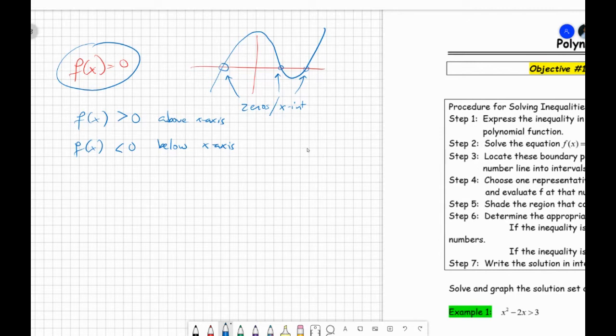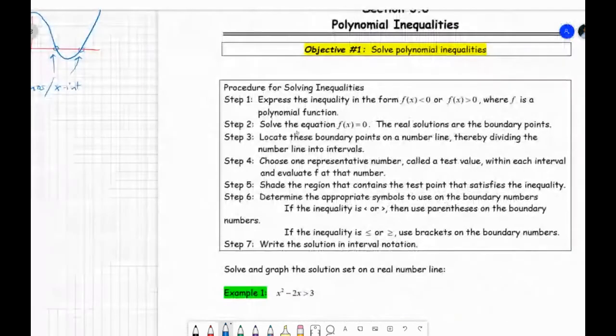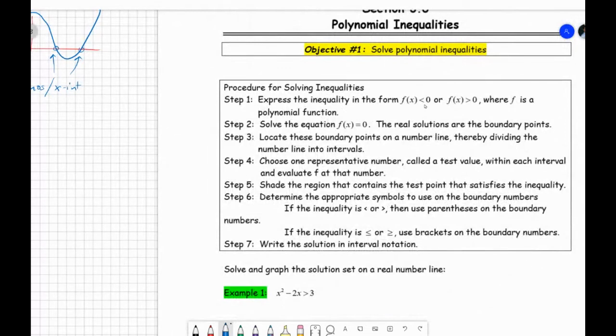All right, so here's our procedure. We're going to express the inequality in the form of f of x less than 0 or greater than 0, where f is our polynomial function. And we're going to solve the equation f of x equals 0, okay? So this is what we've been doing up to this point, just solving for it equal to 0.